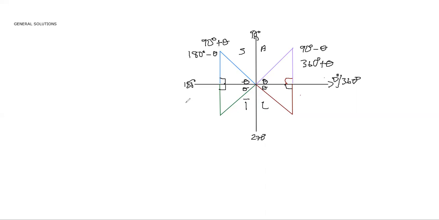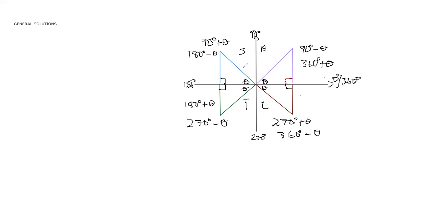Here, we are dealing with the reduction 180 plus theta and the reduction 270 minus theta. This side we will have 270 plus theta, or 360 minus theta.